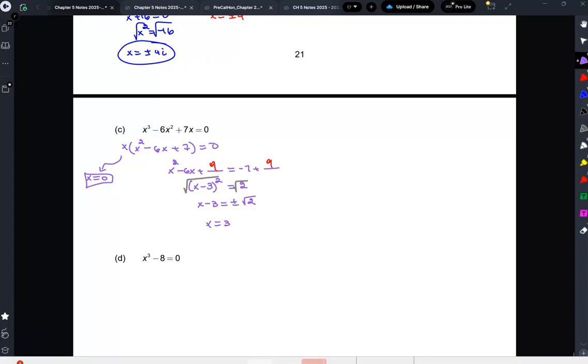X is 3 plus or minus root 2. So, I have how many total roots? 3, right? So I have one real rational, and I have two real irrational.